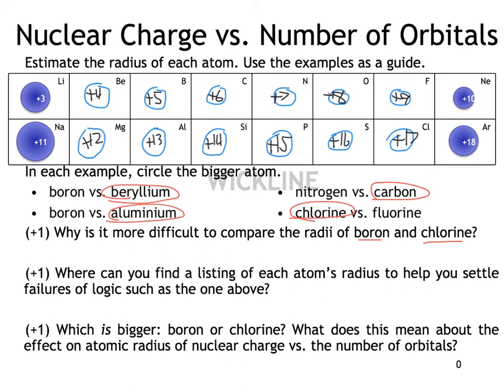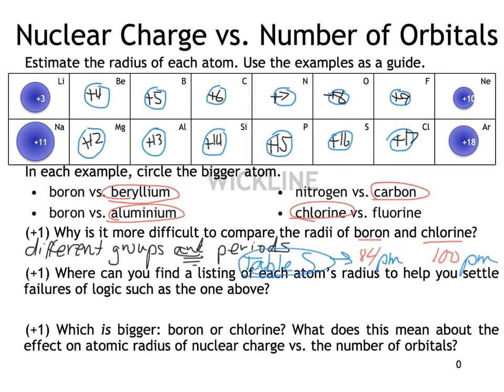So when you compare boron to chlorine, I can see on table S that boron's radius is 84 picometers, and chlorine's radius is 100 picometers. So the larger one is chlorine. So I went ahead and recorded that information.